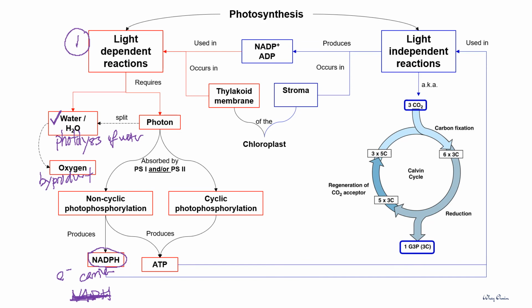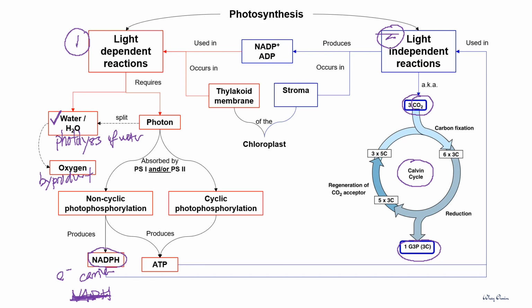This product from the photophosphorylation is used in the light-independent reaction, which is the other stage of photosynthesis. When the ATP and NADPH are used by the light-independent reaction, also called the Calvin cycle, they produce sugar from an inorganic molecule, CO2.